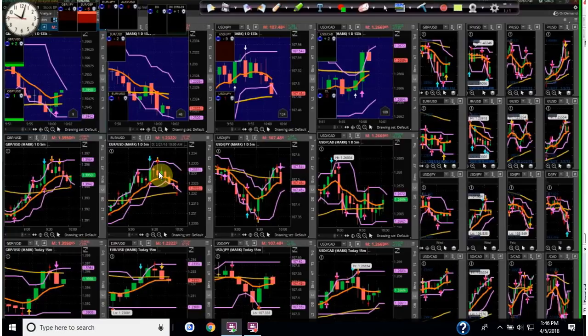Being all over the place is not that good. Getting your biases is cool, but once you find the trade that you actually want to take, the trade that you want to win at, you have to get perfect entry.